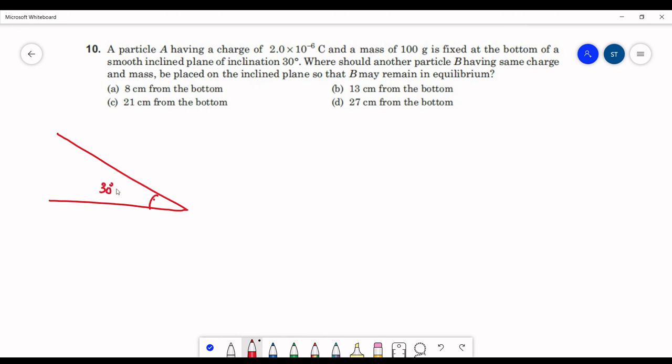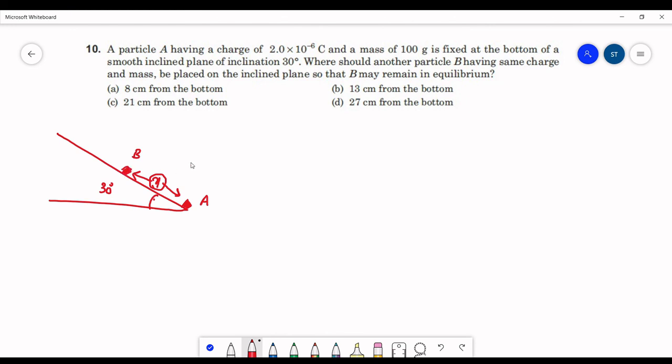At the bottom we have a particle A, and at some position on this incline there is another particle B. Let the distance between these two be x. Both have the same mass and same charge. Now we have to find this distance so that particle B is in equilibrium.